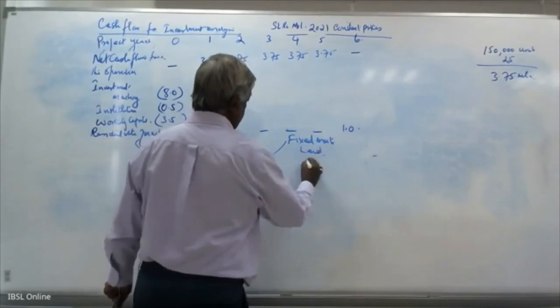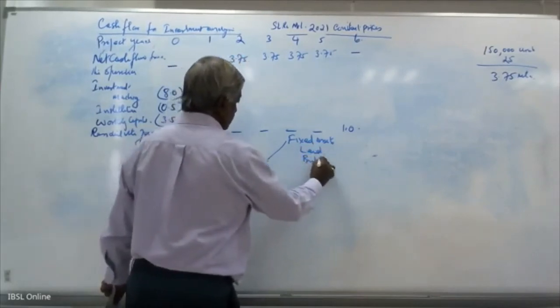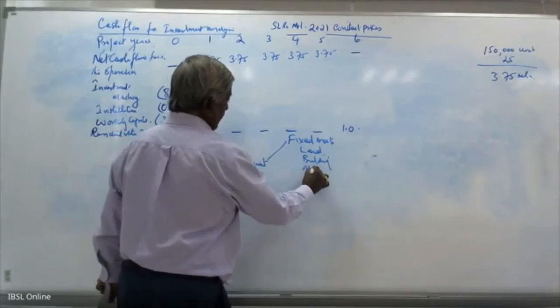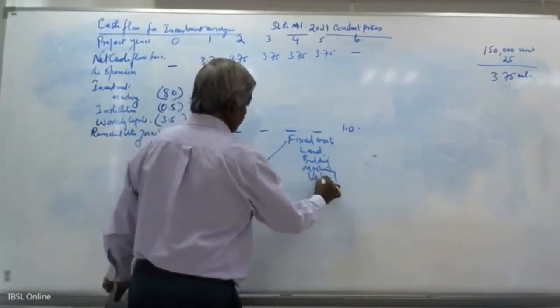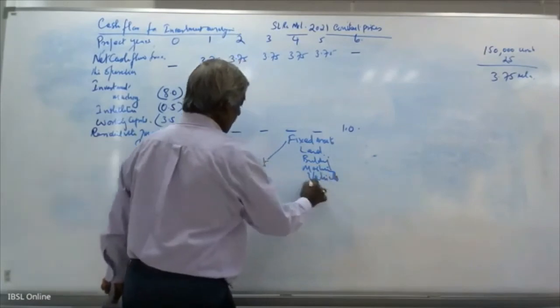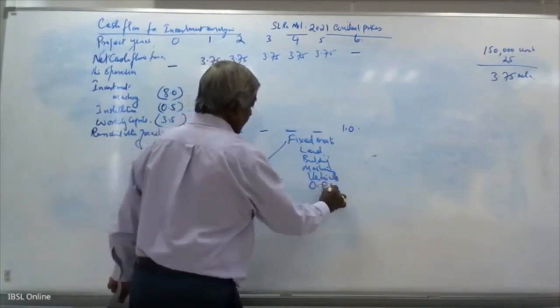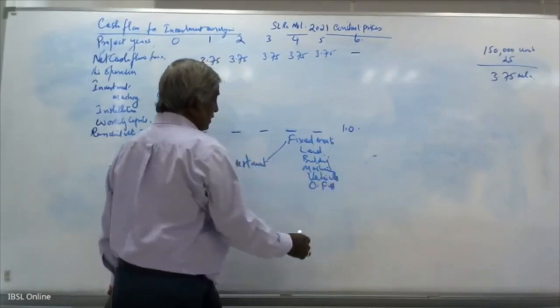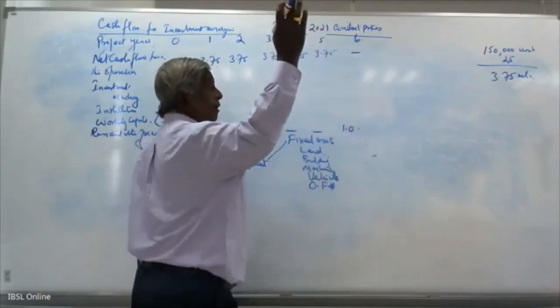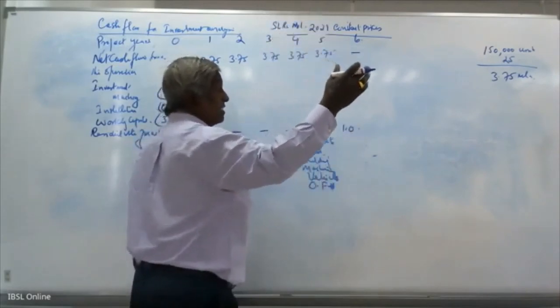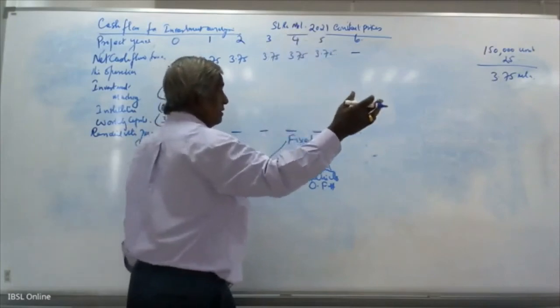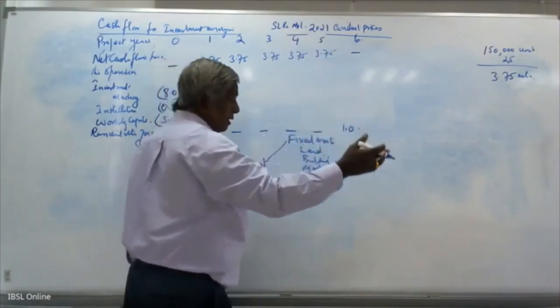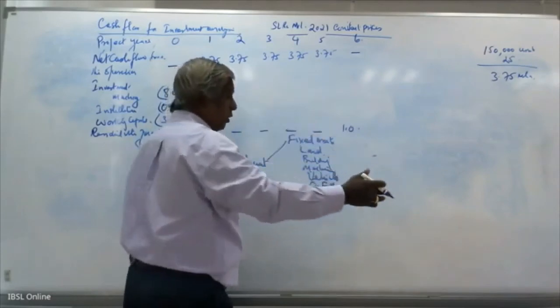Land, building, machinery, vehicles, other fixed assets, computers, refrigerators, air conditioners, standby generators, furniture and fittings, computer system.